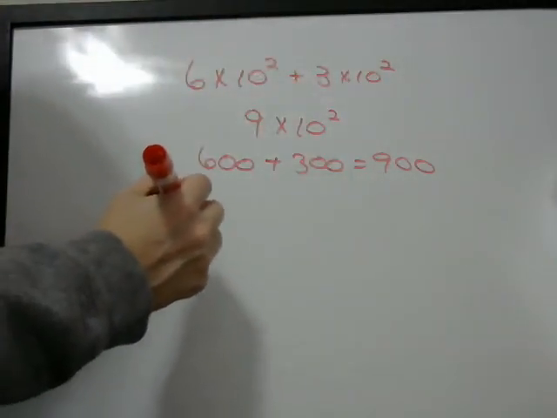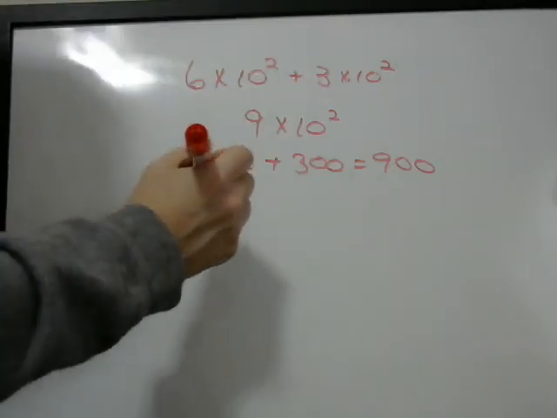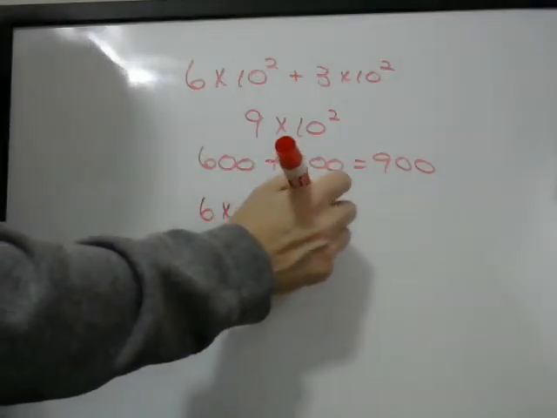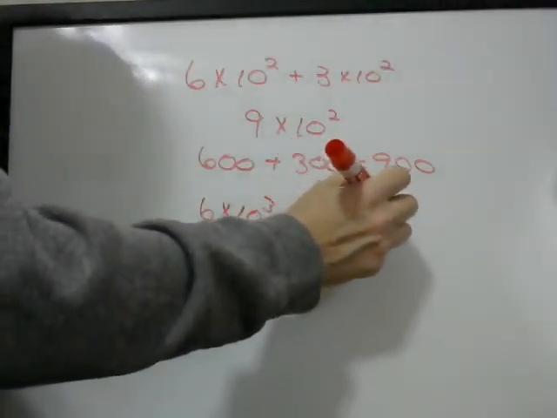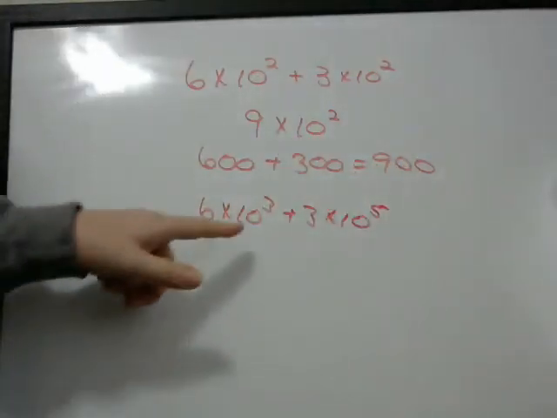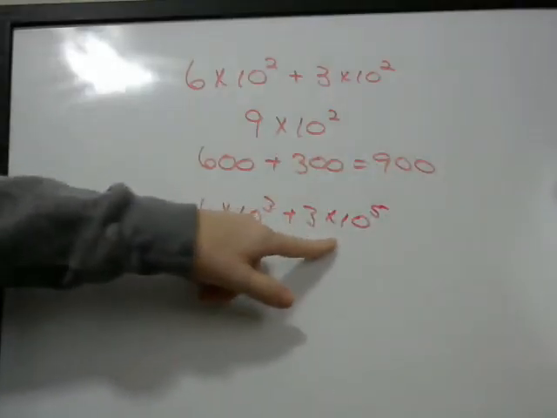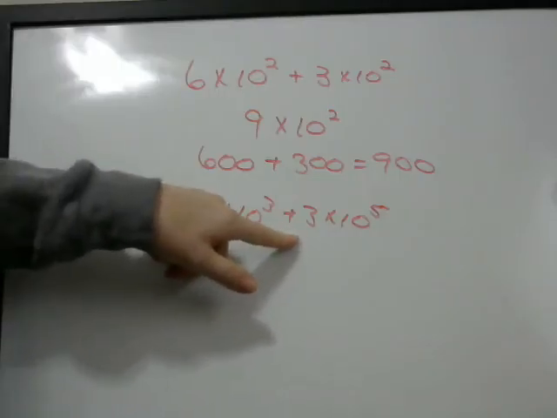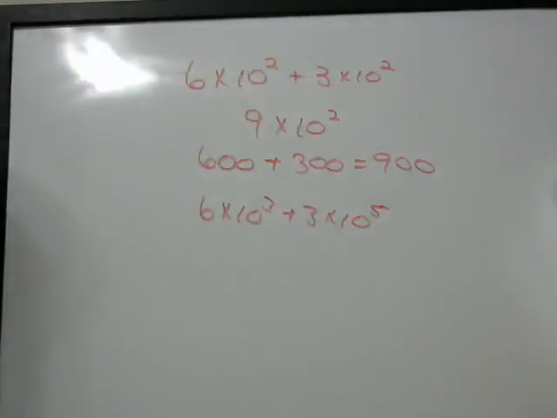So if we had something like 6 times 10 to the third plus 3 times 10 to the fifth, we can't do this the shortcut way. You'd have to plug this in the calculator, and you can use the scientific notation that I just showed you for the calculator, or you can multiply it out, 6 times 1,000 plus 3 times 100,000.